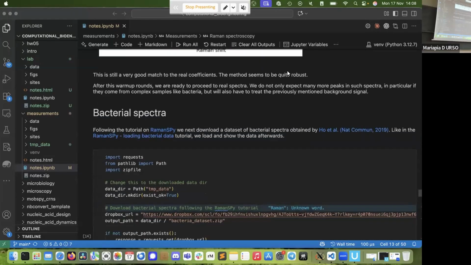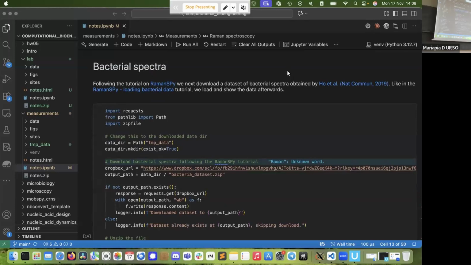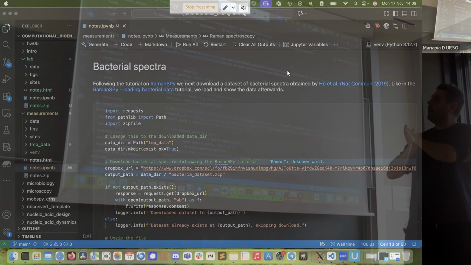Okay, but now you can still say everything is still a bit synthetic, right? So can we do it with real spectra? Are we ready for real spectra? Let's try that.